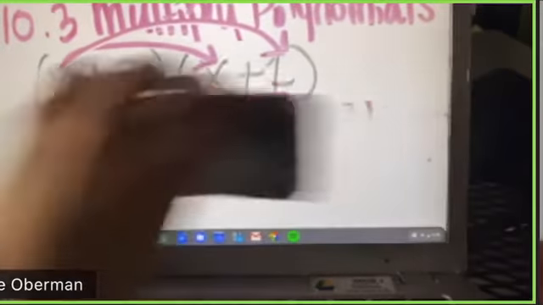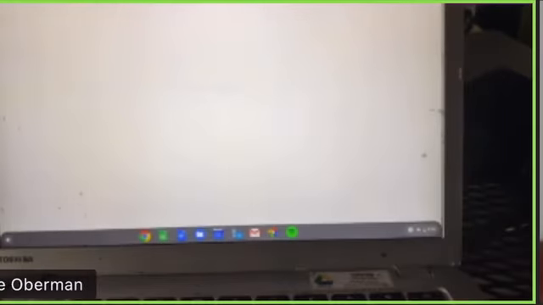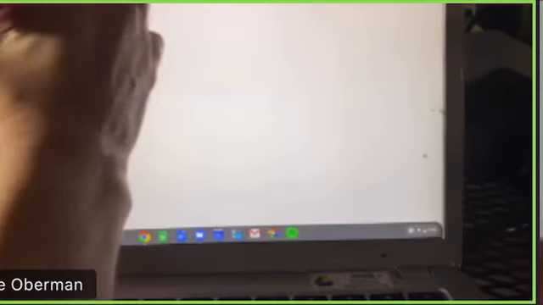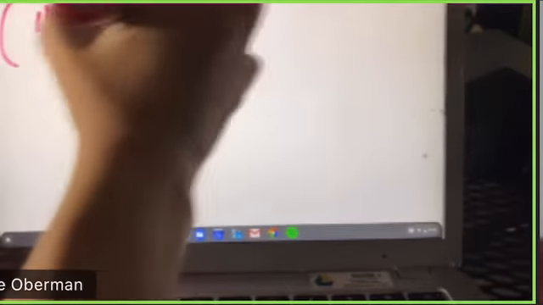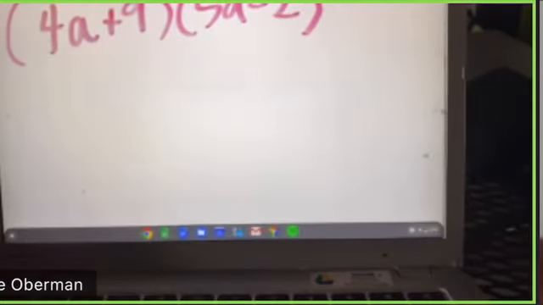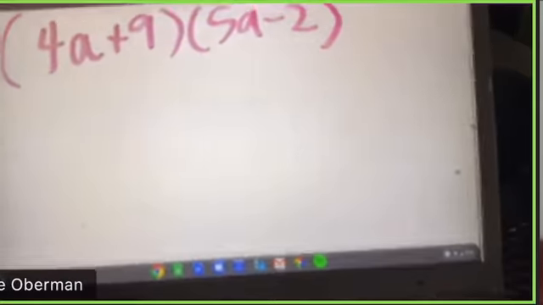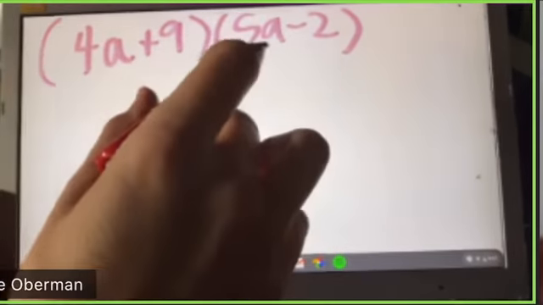Let's do another one then. Here's some with numbers in front. So we might have like 4a plus 9 times 5a minus 2. So this one has a different kind of situation where you have constants in front of your variables, and we have a positive and a negative.